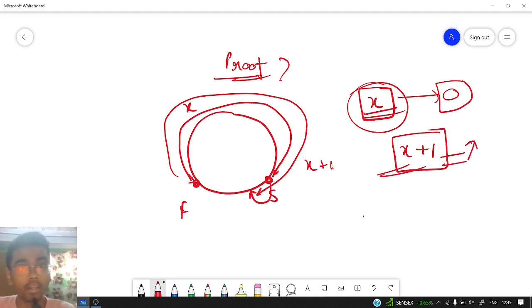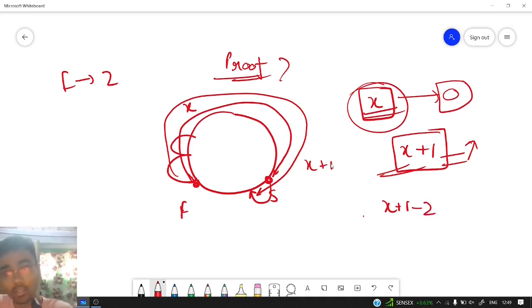But we are forgetting one thing, that fast will move 2 steps. So what will happen when fast moves 2 steps? This distance will decrease by 2. Our current distance is x plus 1, and when the fast pointer moves 2 steps, this distance will decrease by 2, so it will turn out to be x minus 1.